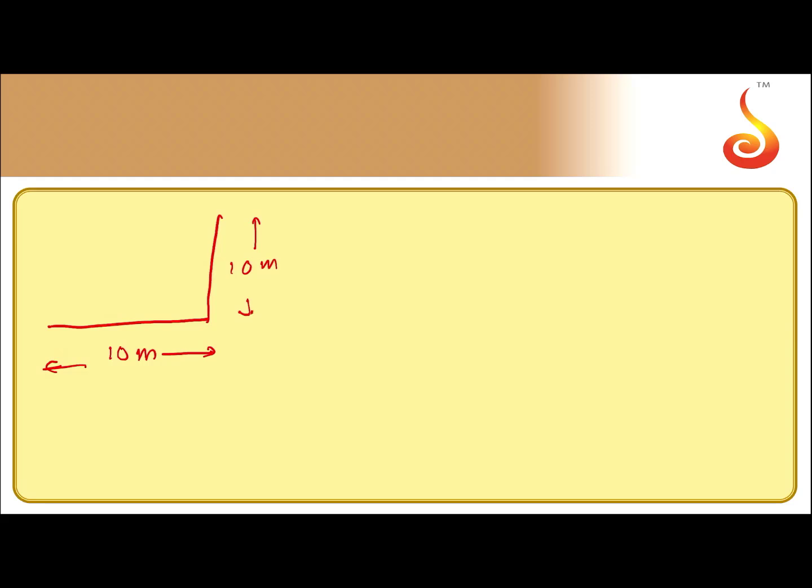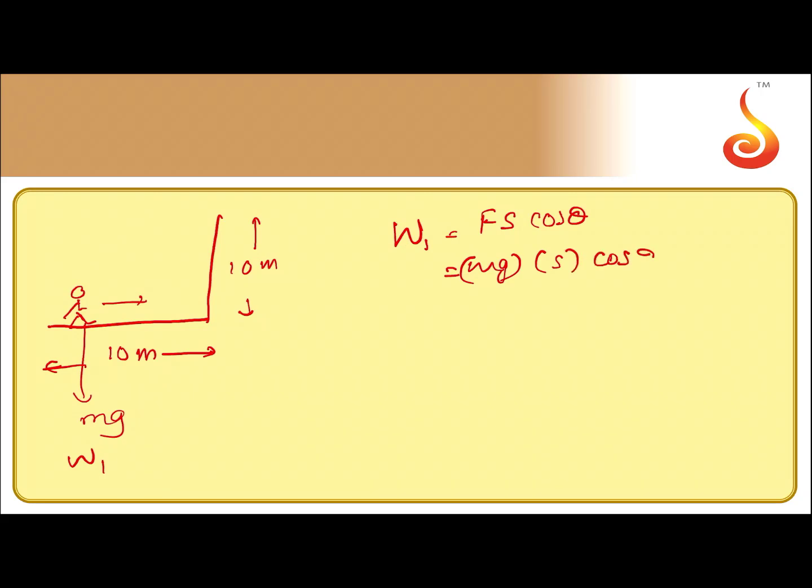Okay. Now, if you look at the work done by him, that is work done by his weight here. Suppose we consider this, he is traveling along this direction and his weight acts vertically down. So for the first part of the journey, if work done is W1, this is going to be Fs cos theta, that is mg into s into cos 90.